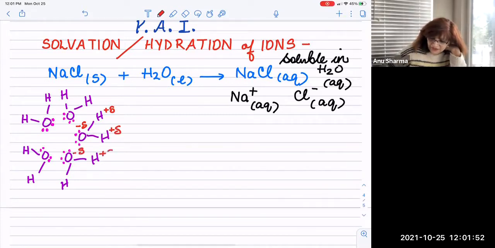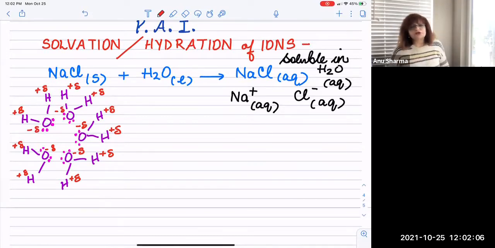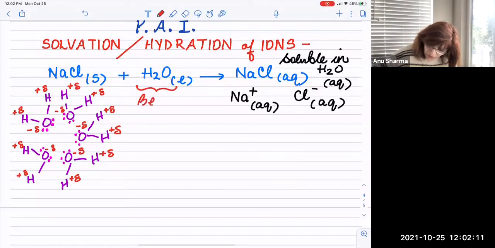Delta negative means a slight negative charge. So that is the bent molecule of water.